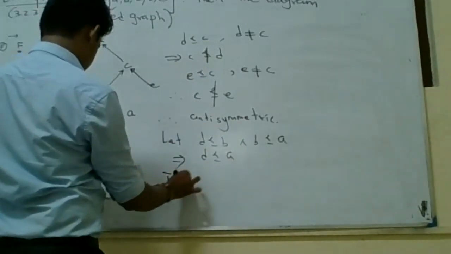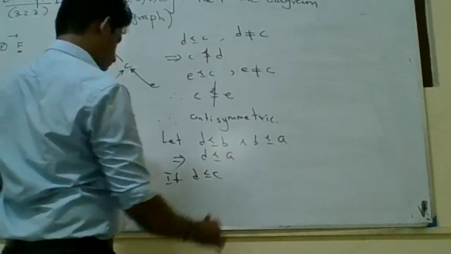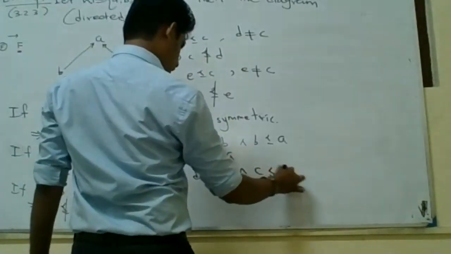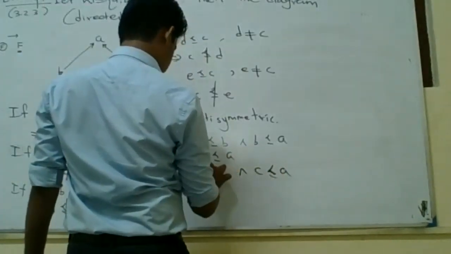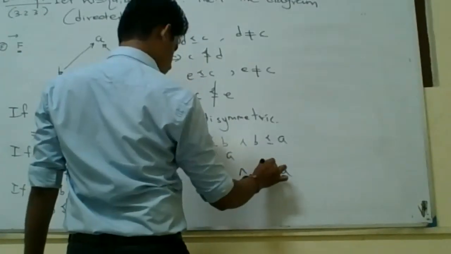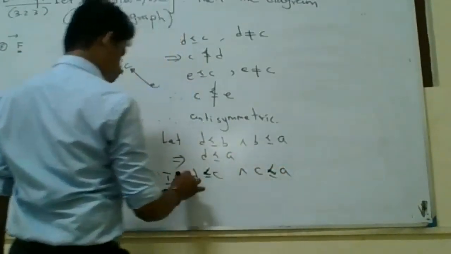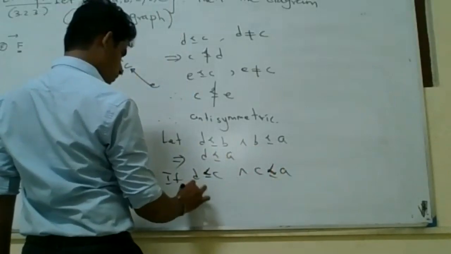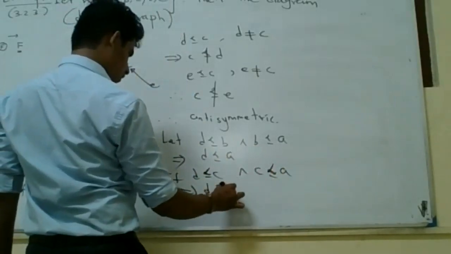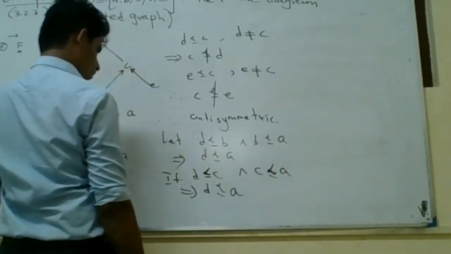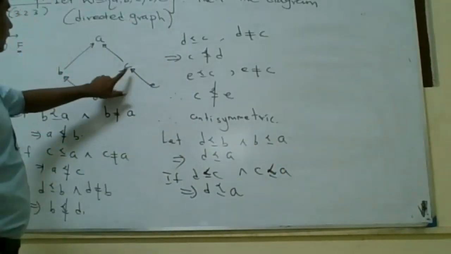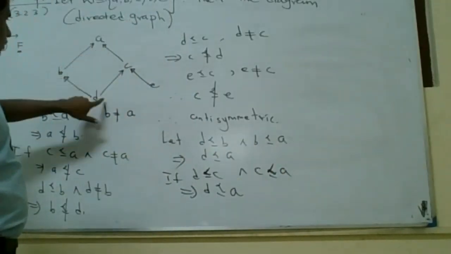If D precedes C, C precedes A, then D precedes A. Okay, direction there.